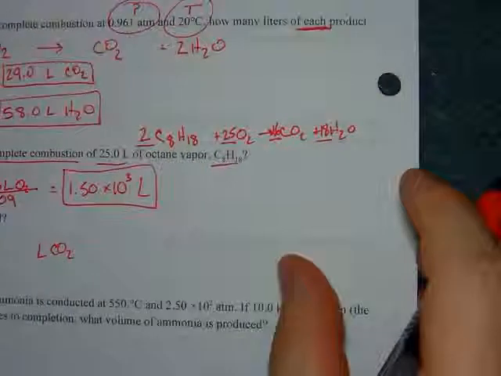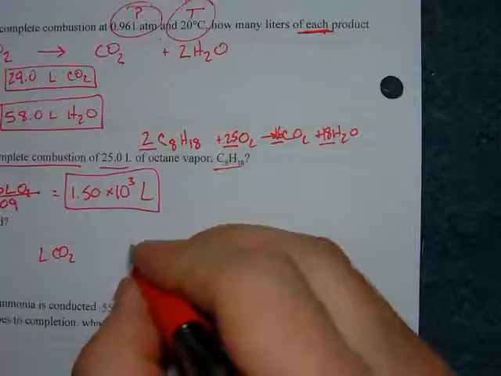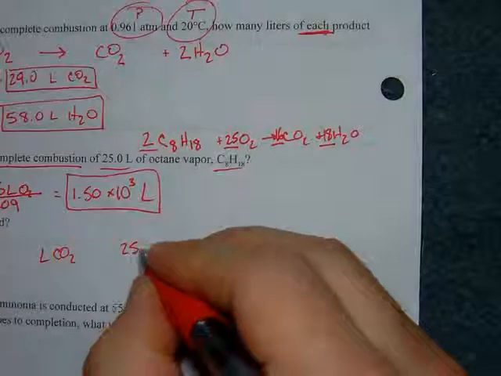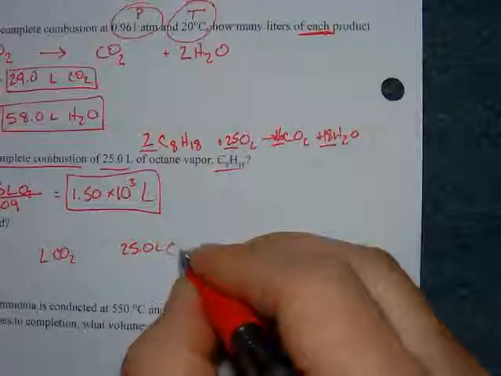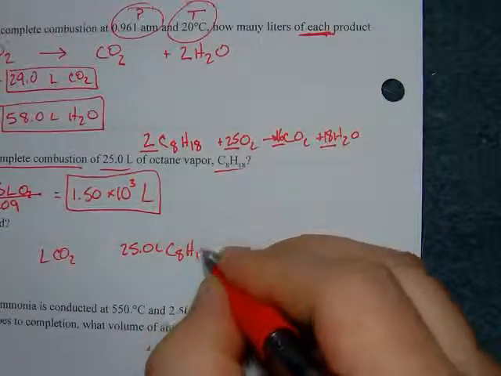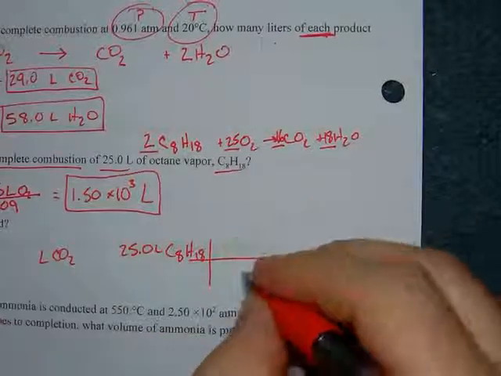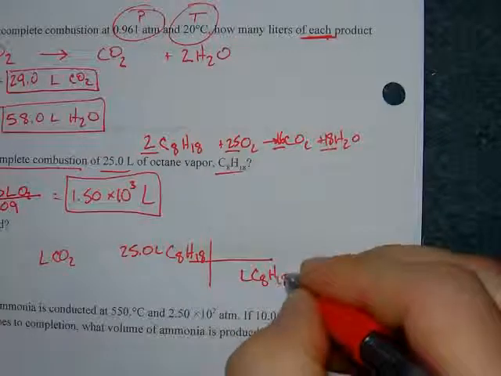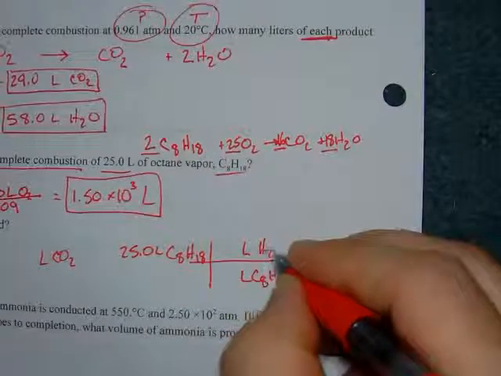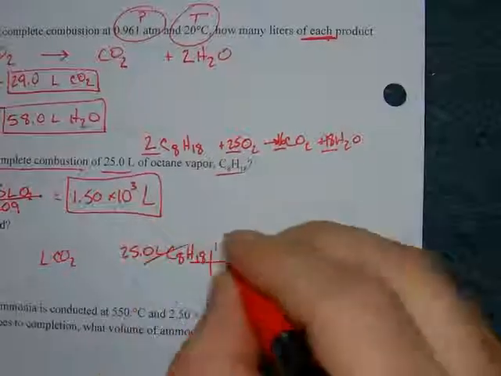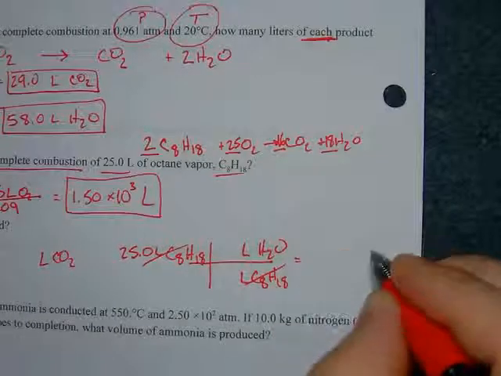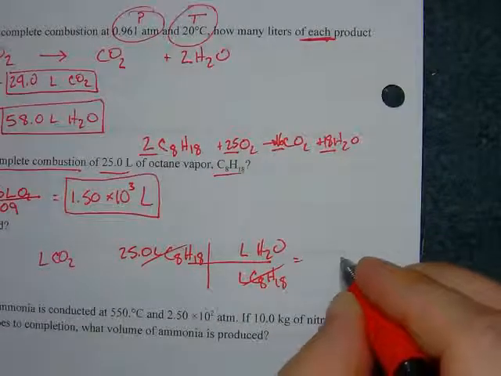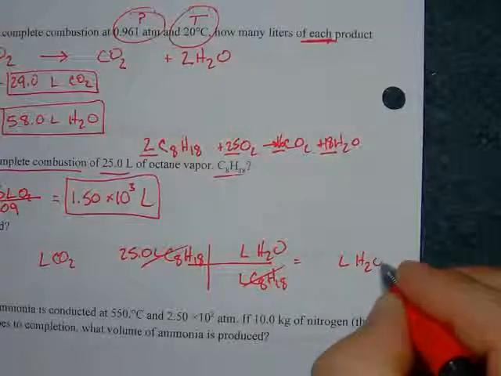I'm going to go ahead and set up my other conversion into the other product using the same setup. Convert out of liters of octane and into liters of the other product. And that'll get me an answer in terms of liters of H2O.